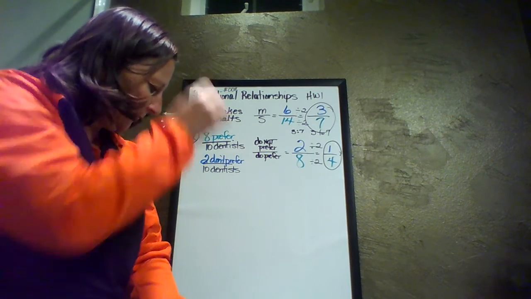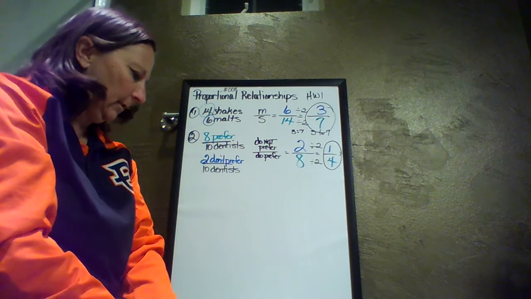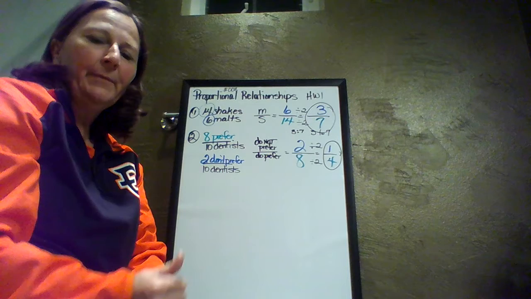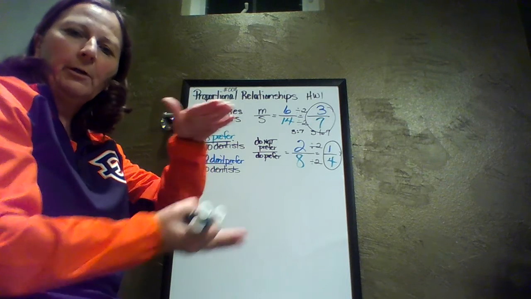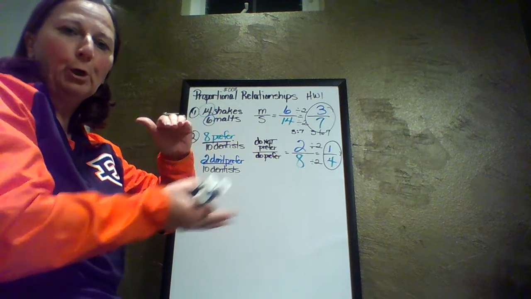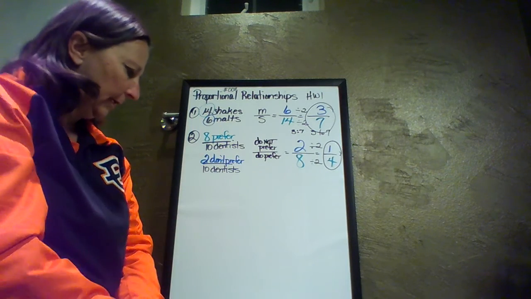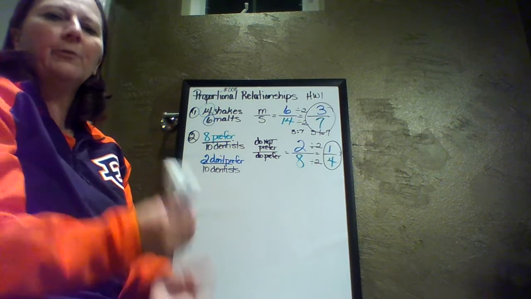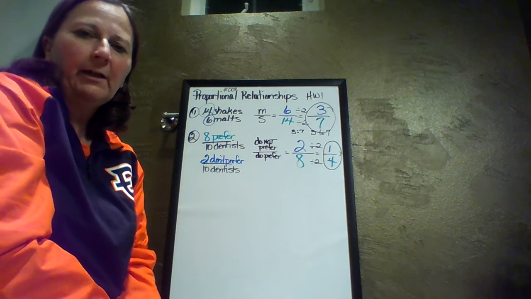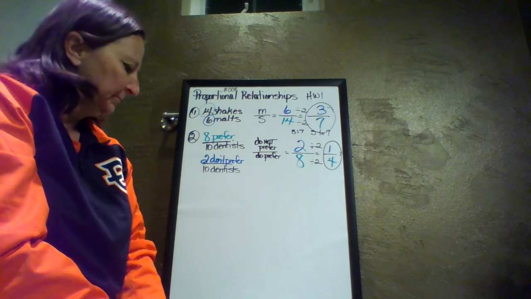Number 5, you have Anna and Caroline who are typing words per minute. So again, you're comparing 2 different units, words in the numerator, per, meaning the fraction bar, minute in the denominator. So you're going to compare their typing speed. So you have to find the unit rates, how many they can each type in 1 minute.